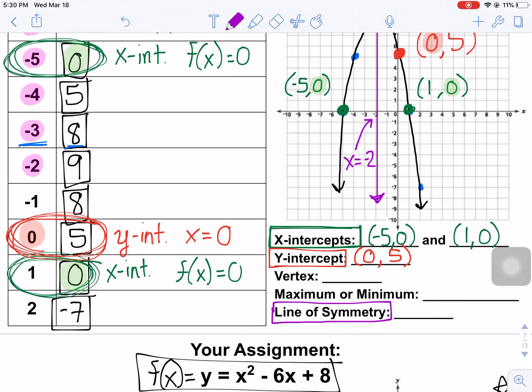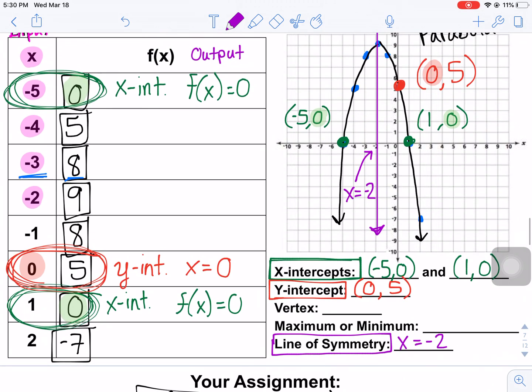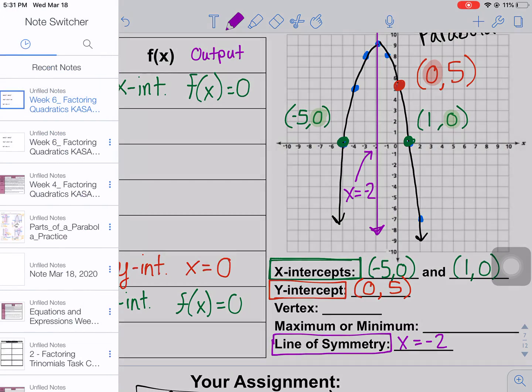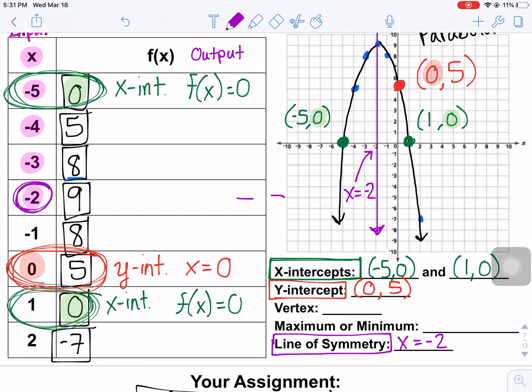So our line of symmetry is at x equals -2. If we look in our table, x equals -2 is in the middle. I'm going to draw a line that goes through this part of our table. Line of symmetry.